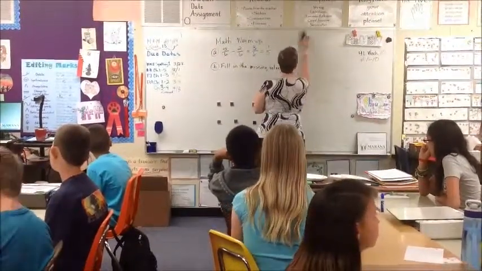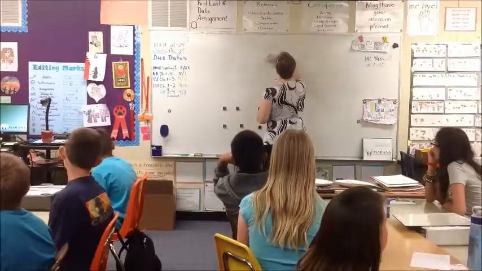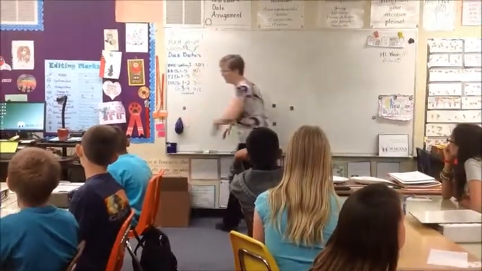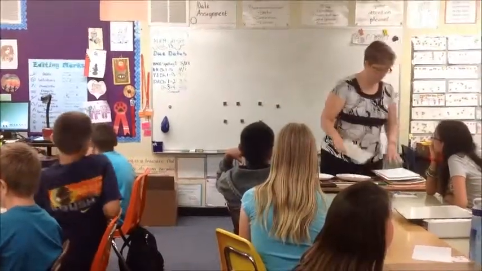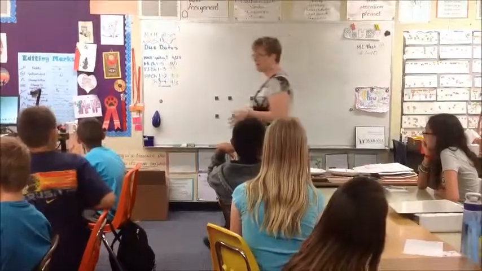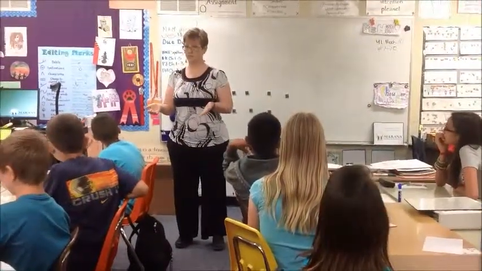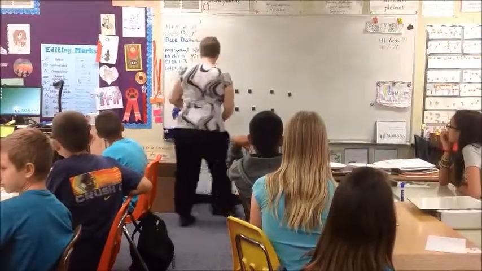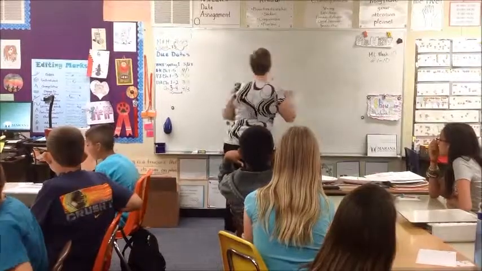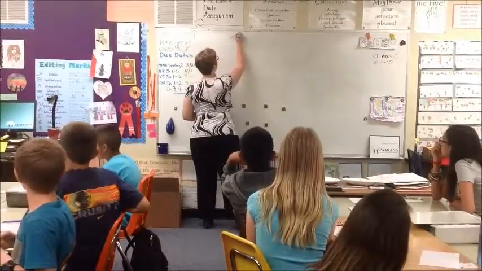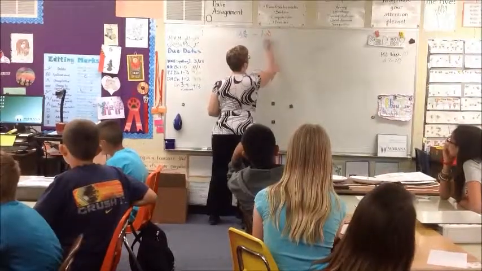So I'm going to do a little demonstration for you. During that demonstration, I'm going to be doing some steps through the process. What I want you to do is write down the steps that you think I'm taking to figure out the answer. Okay? So the problem is 3 3/4 minus 1 1/2.